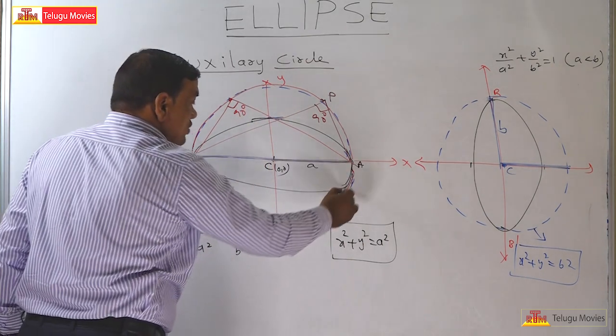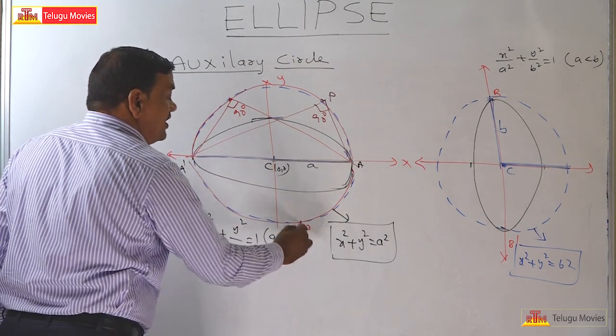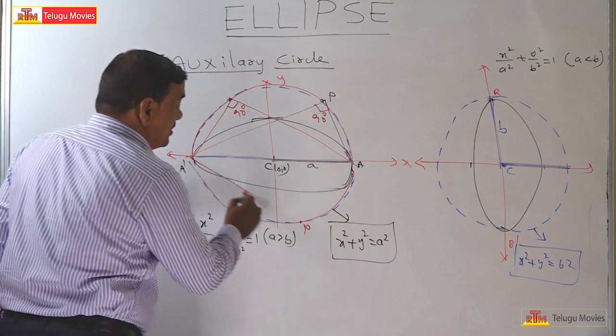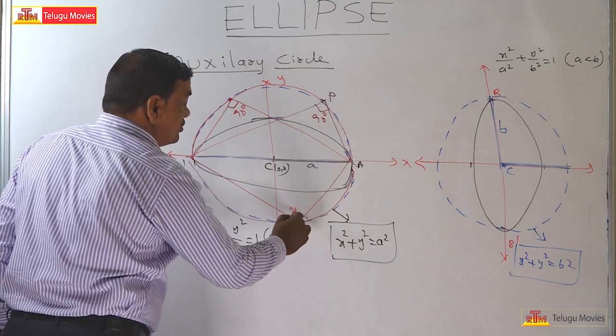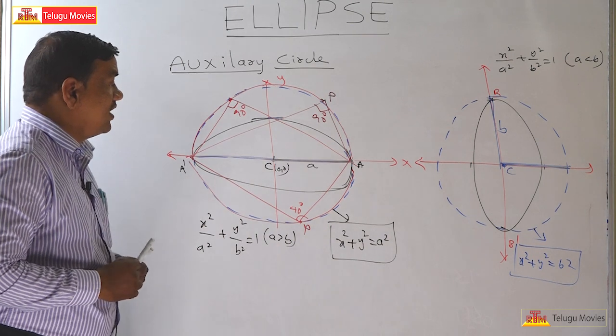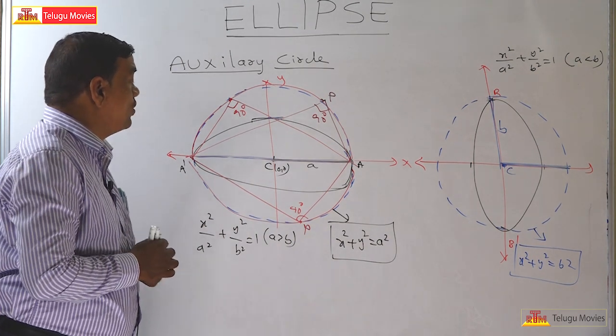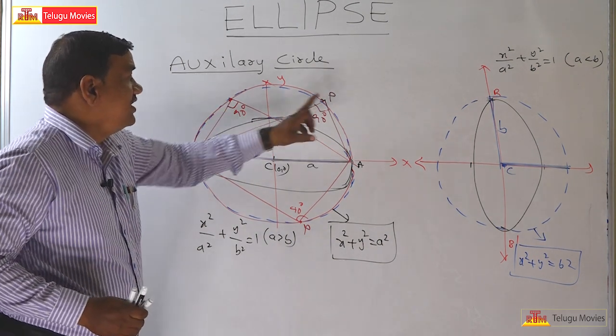Here down is also a semicircle, take a point P here, join A dash P and AP, this is also 90 degrees. So this is 90 degrees, 90 degrees, 90 degrees.